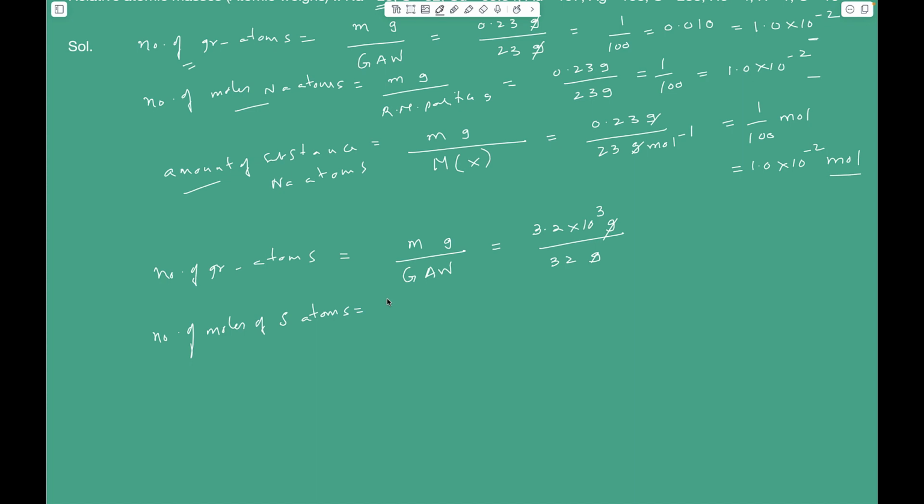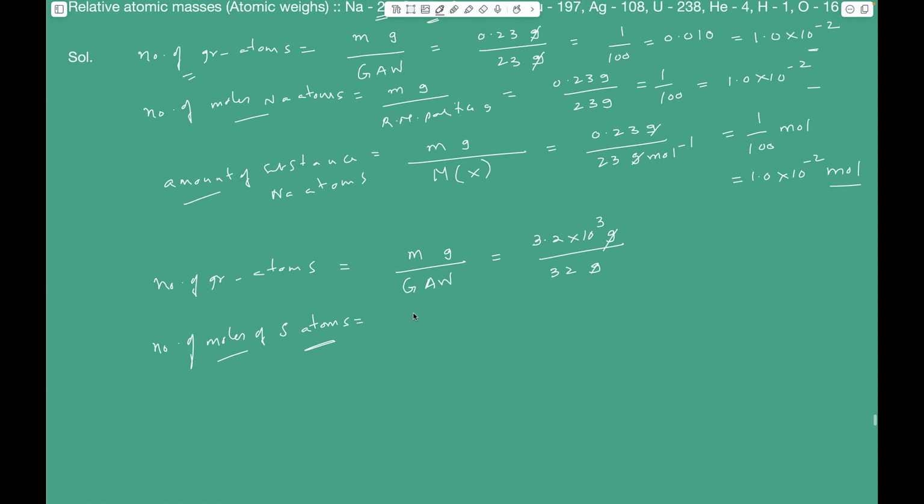Then how do you get the number of moles of sulfur atoms? Remember, sulfur is generally composed of sulfur molecules, but here I am looking for the number of moles of sulfur atoms, not sulfur molecules. Then what is the formula? Mass of the element given in grams over the relative mass of the particle in grams.